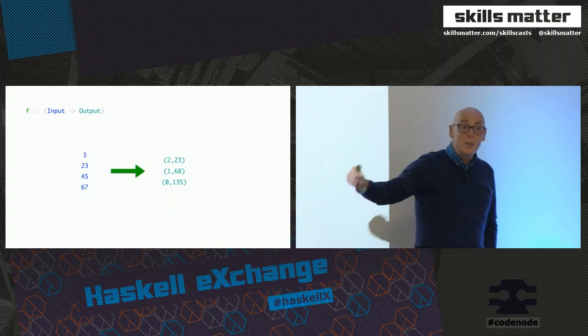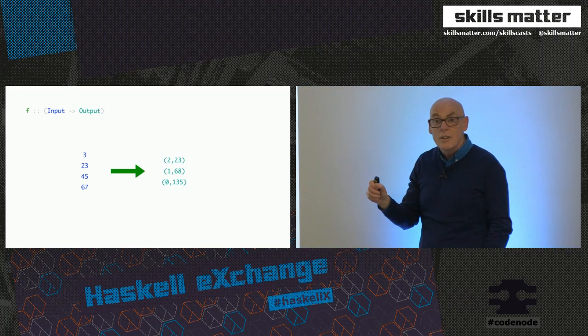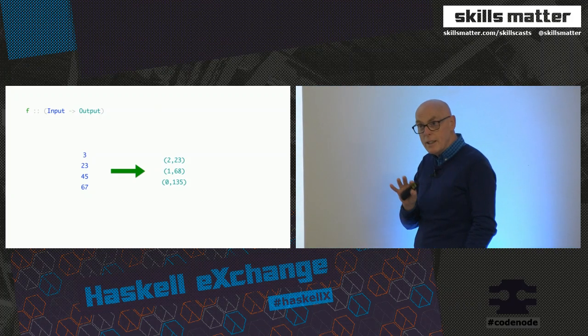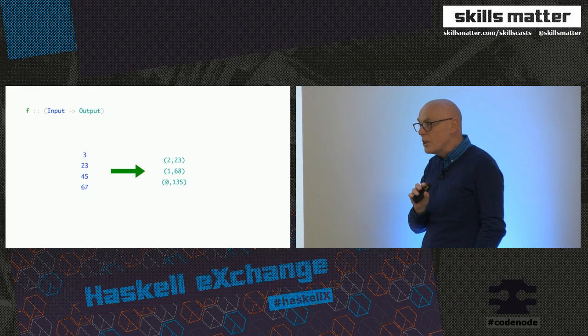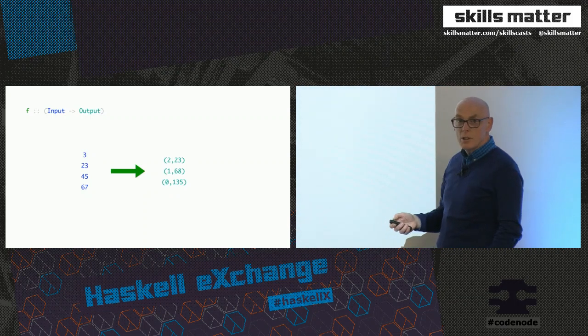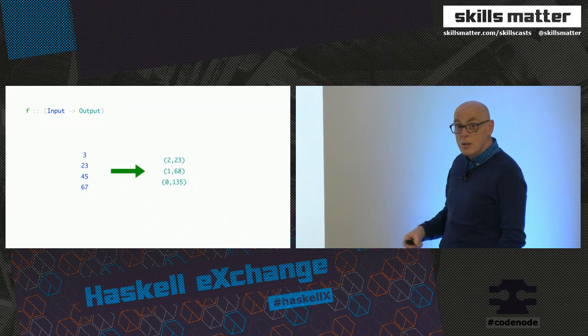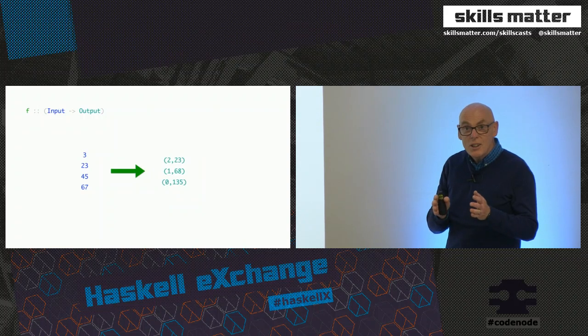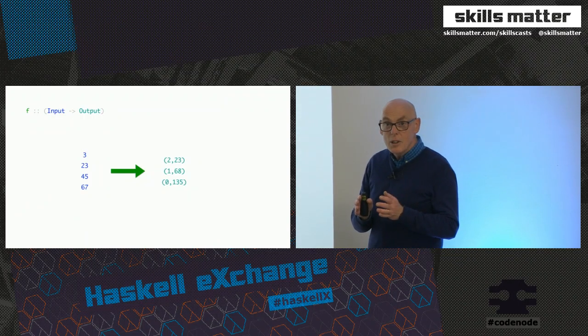We're getting a sequence of inputs, and it's giving rise to a sequence of outputs. So there we've got the behavior of the program, but not quite, because what I've got here is the total input, and here the total output.